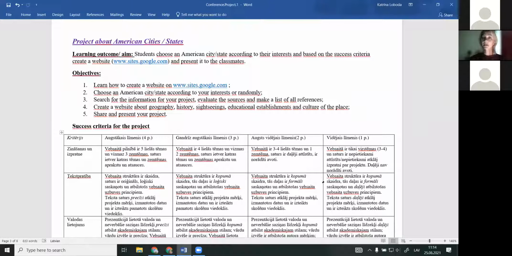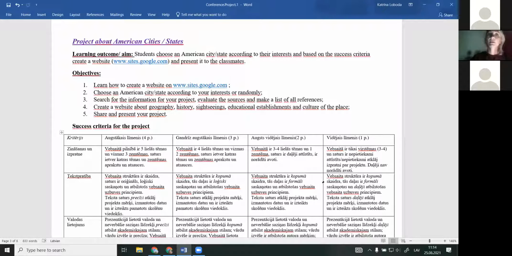And this autumn, I would like my 9th and 10th grade students to create their websites about a chosen American city and state. So the learning outcome of this project is that students choose an American city and state according to their interests, and based on the success criteria, create a website and present it to the classmates.